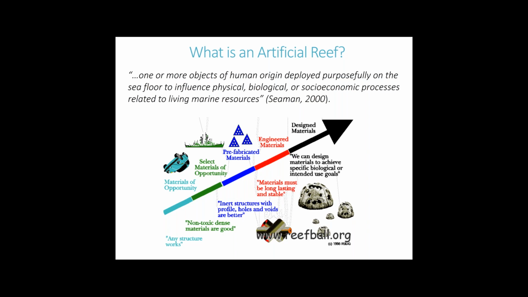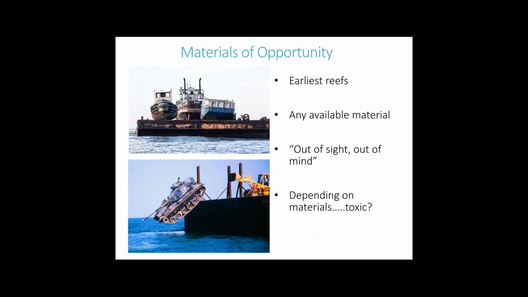Later on, as we learned more about the different types of artificial reefs, there would be more select materials of opportunity, followed by prefabricated or engineered materials, and now what we call designed materials. So there's this interesting evolution of materials and types of reefs that have been deployed over the last 10 or 20 years. I'm just going to briefly touch on a few of these that we have in my region in coastal Louisiana and the Gulf of Mexico.